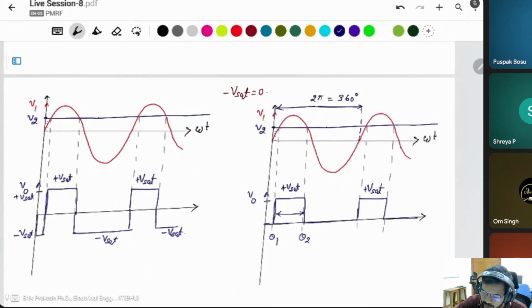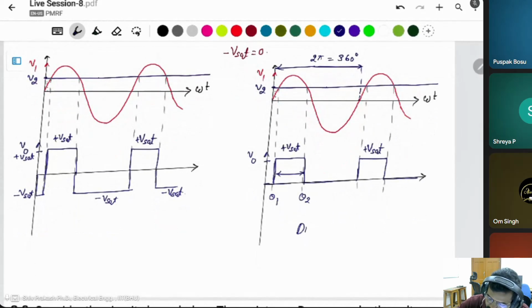If you get theta 1 and theta 2, then you can say the duty cycle, which is simply the on time or incoming voltage time, theta 2 minus theta 1, divided by the total 360 degree. This is the duty cycle: on time divided by total time. In terms of angle, on angle divided by total angle.